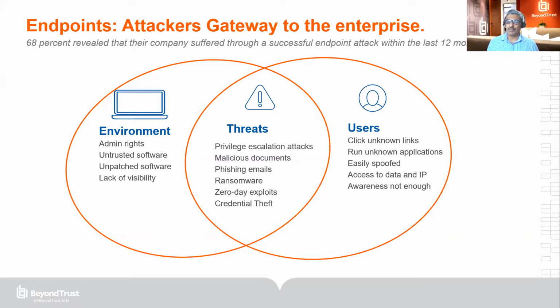So a lot of times they tend to not be so conscious, especially when they're in the middle of or focused on their work. They tend to click on unknown links. They download some application that they believe can help them be more productive, and the data and IP that they have with their endpoints or with their enterprise network access is something that the attackers are often not aware of.